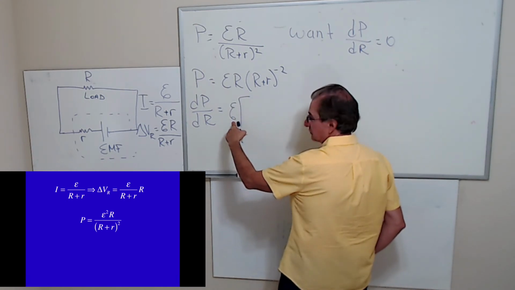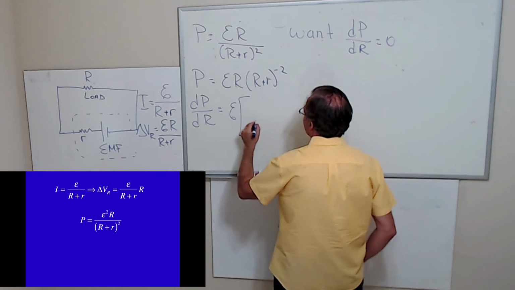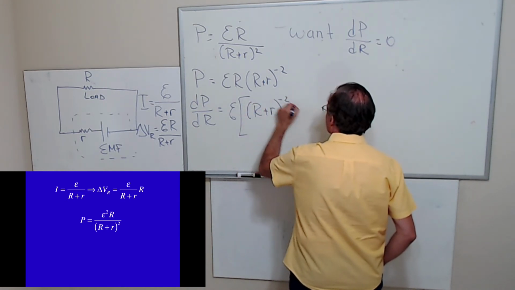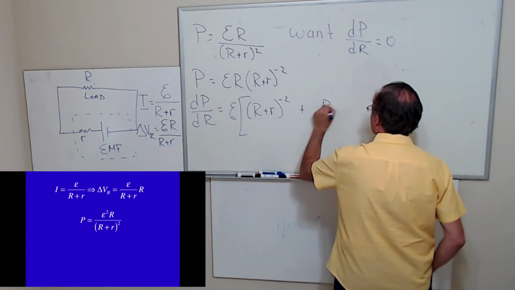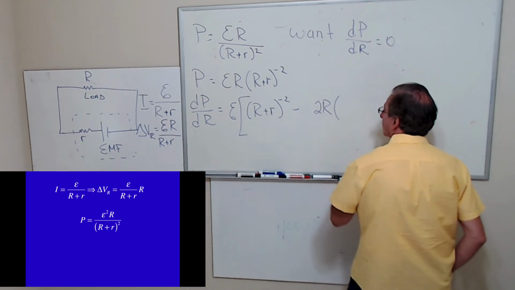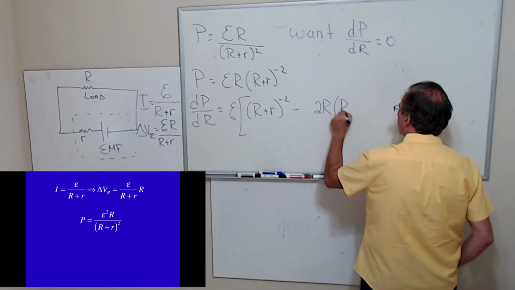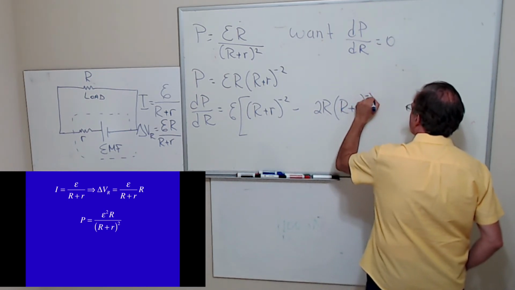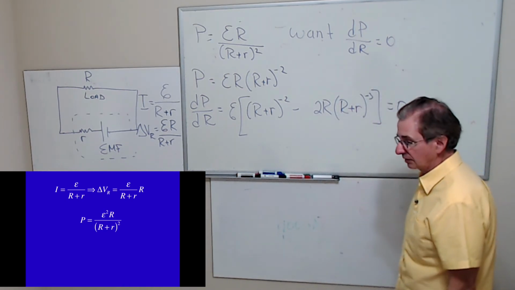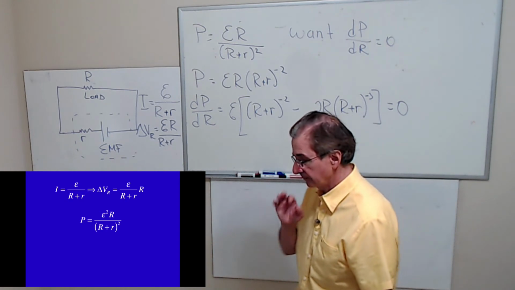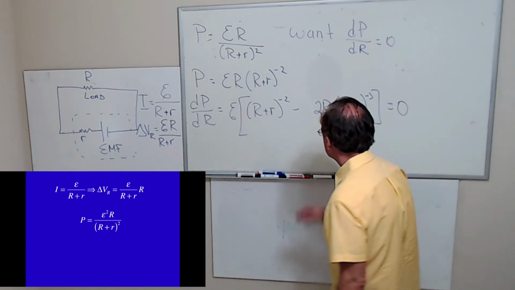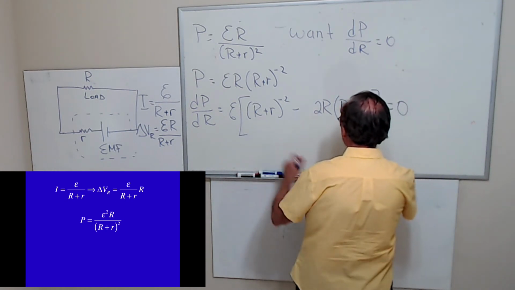And people complain, I always forget this term, and there's a reason why. So I want this thing to be 0. I don't care about this term, that term is meaningless to me. I want this term inside the brackets to be 0.